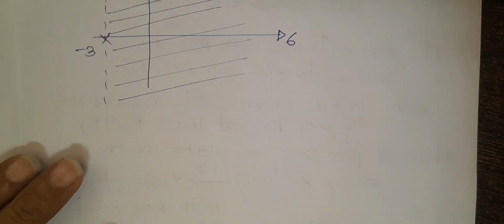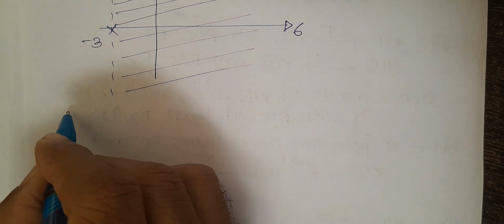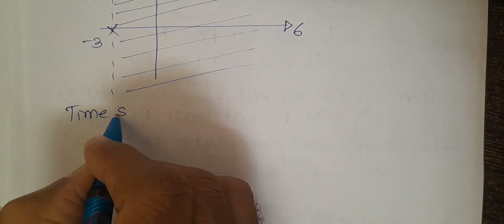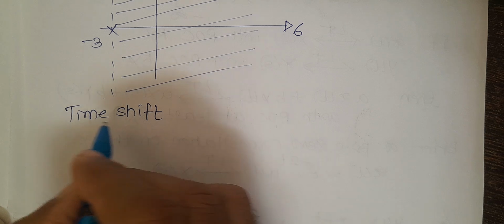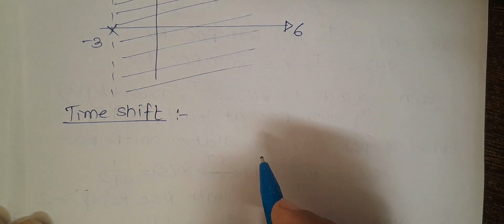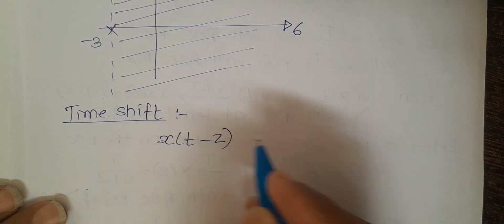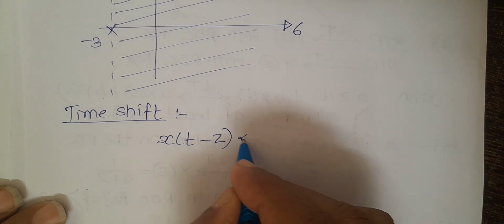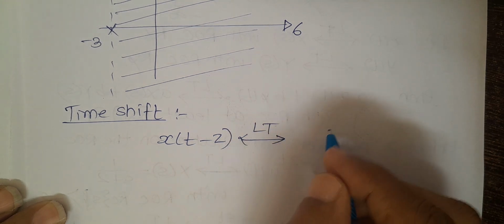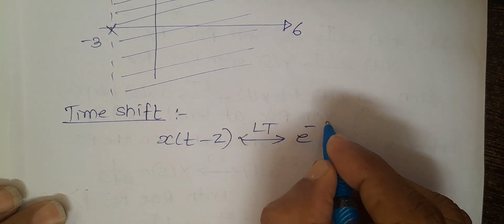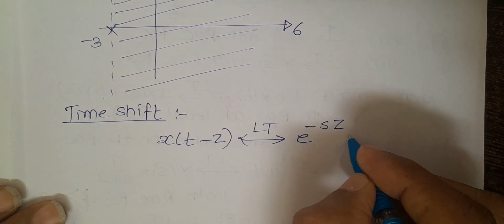Next property is the time shift. So x of t minus tau: the Laplace transform of this is e raised to power minus s tau into x of s.